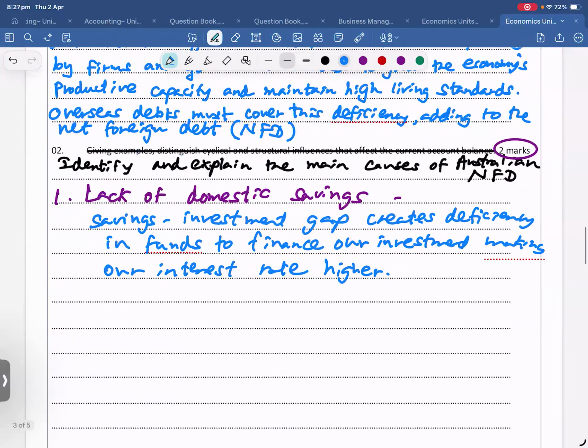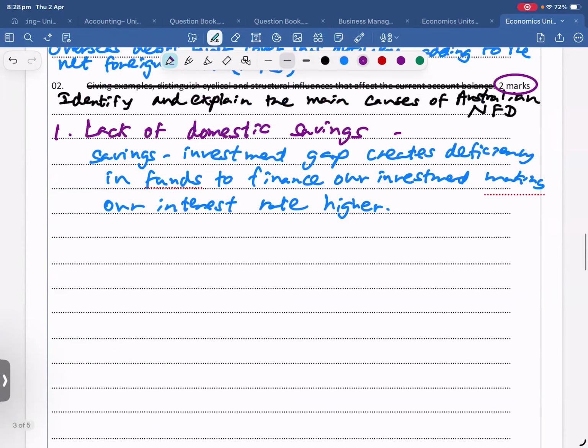Next one, guys, number 2. Many budget deficits.